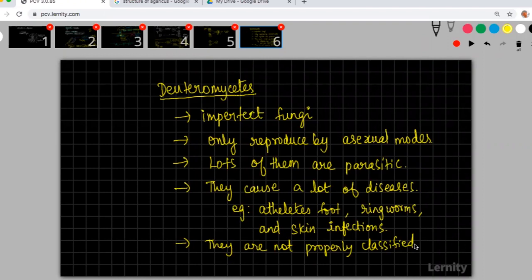They are not properly classified as such because we don't know much about them. They reproduce mostly through fragmentation or spore formation.